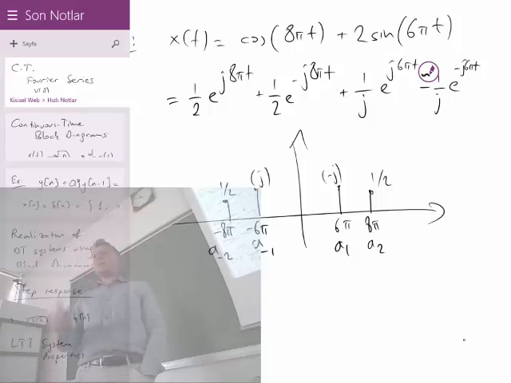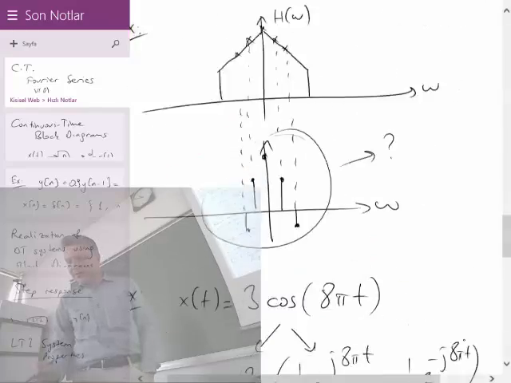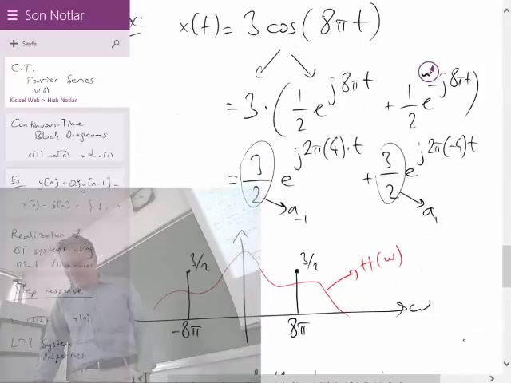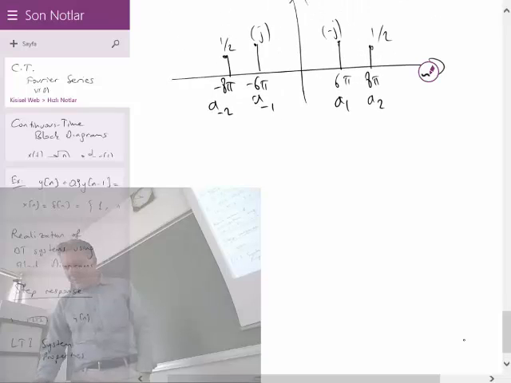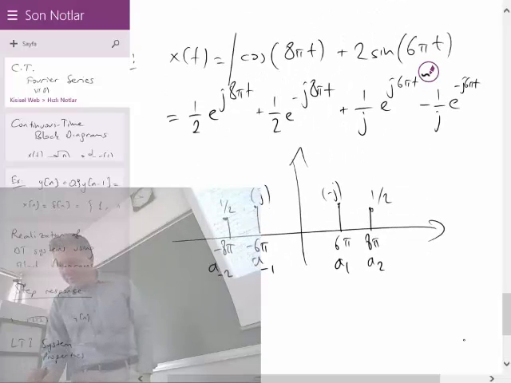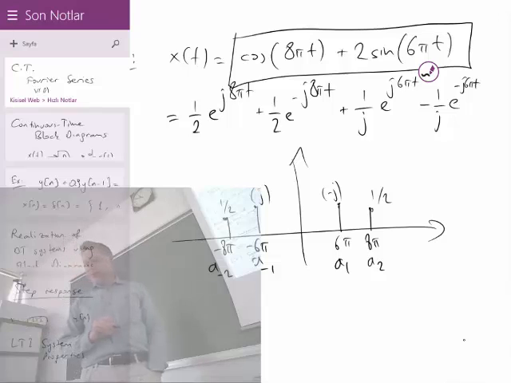This is not A1 because that 1 index should correspond to the fundamental frequency. You must ask yourself this question: what is the fundamental frequency of this signal?